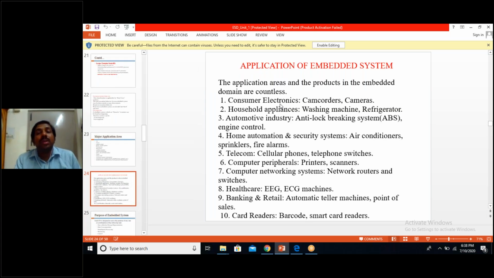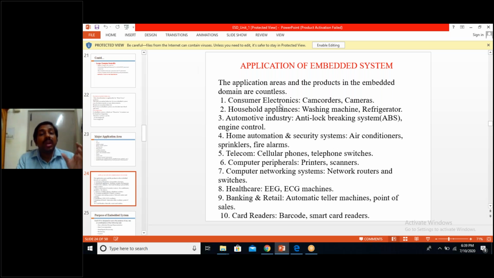Applications of embedded systems. See, as we have classified our embedded systems based upon the generation, based upon your complexity, based upon deterministic, based upon triggering, similarly one more classification is there based upon the embedded system utilization.